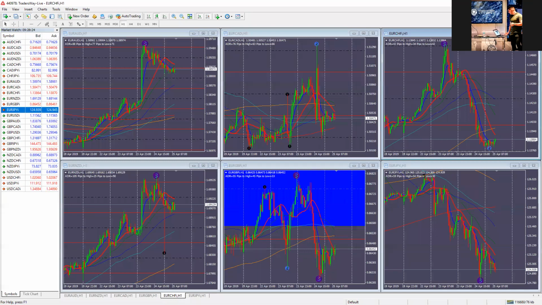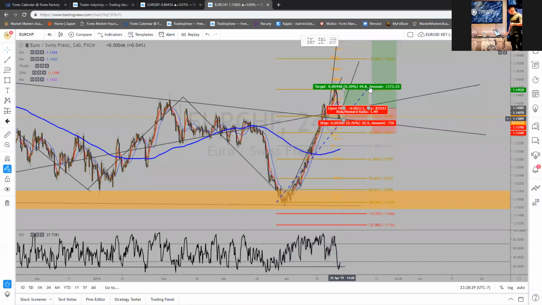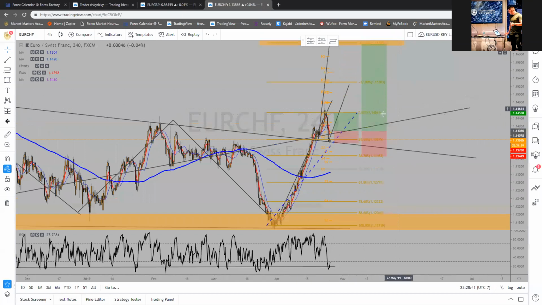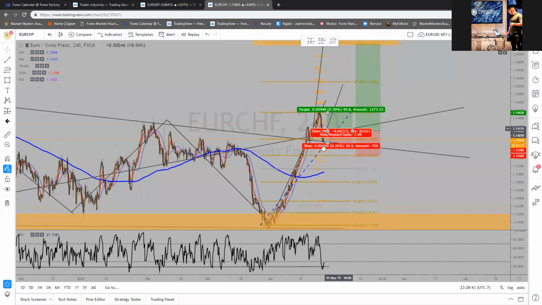So all of it will be ready. I'll be looking at them, but I don't necessarily need to. It's just extra. If I place a buy, it's going to be a buy stop.